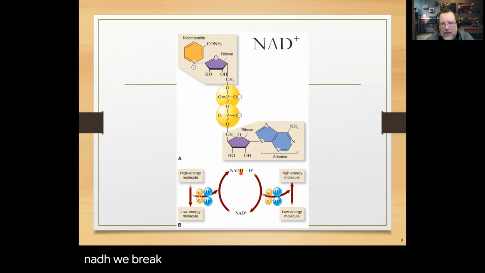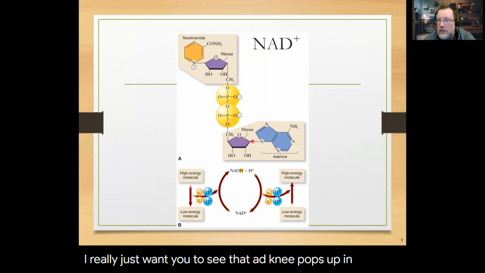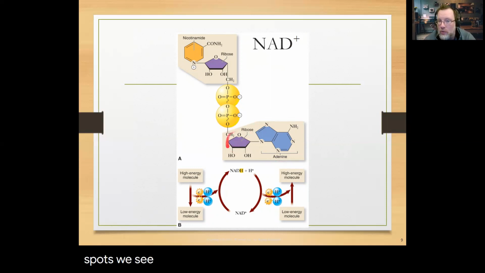We break that H off of there and get NAD and H. Again, breaking that bond is going to give energy. Again, I don't want you to get too bogged down by some of this intensity. I really just want you to see that adenine pops up in other spots. We see ribose popping up in other spots.